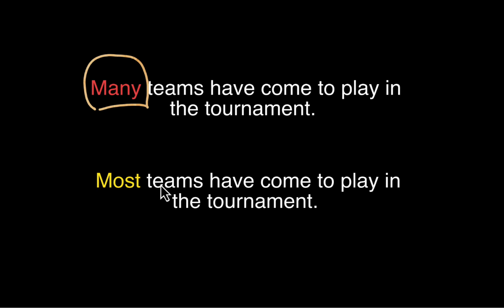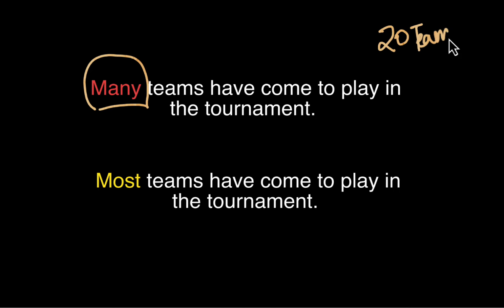So when you say most teams have come to play in the tournament, it would mean that you are aware of the total number of teams that were supposed to come to play in the tournament, and out of those teams, the majority of teams have come to play in the tournament. For example, let's say there were supposed to be 20 teams, all right?